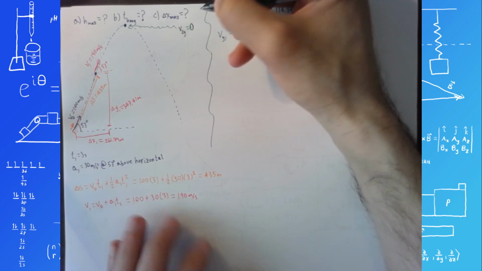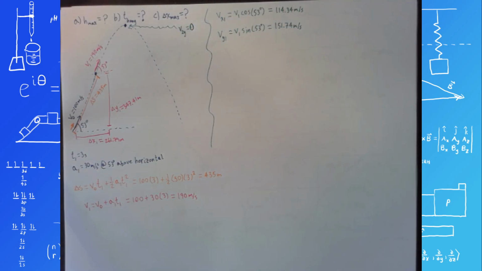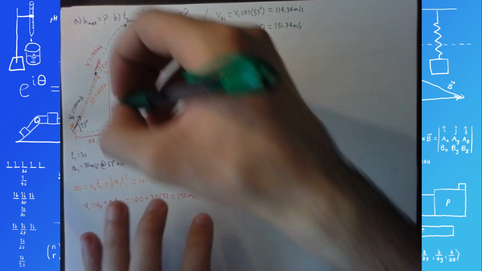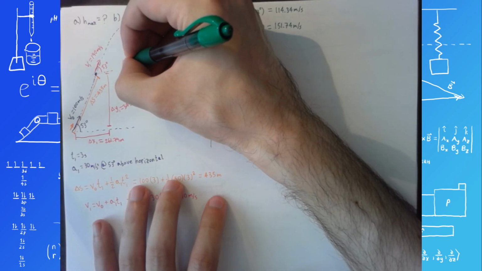So the y component of the velocity at the end of the second segment of our motion is going to be 0. And I can now use that to calculate delta y2.